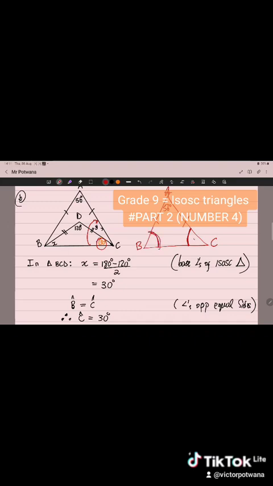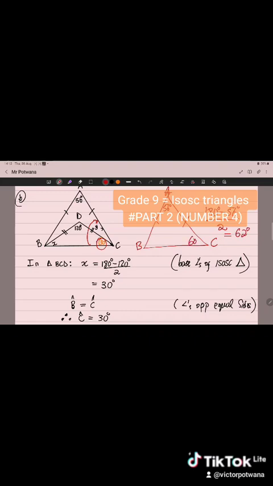Also this one, you use the same method. So we're going to just say 180 degrees minus 56 divided by 2. Then you're going to get this angle here, and automatically this one as well, because they are equal, guys. So that angle there, when you divide by 2, you're going to get 62 degrees.